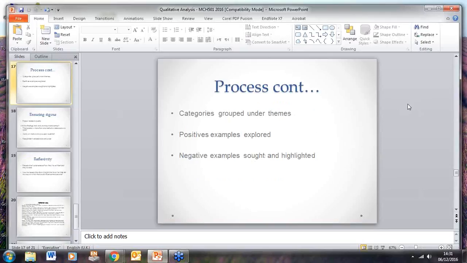So once we've categorized all of those particular similarities, we can then group them into themes. And then as we build those themes, we're looking for examples that either explore and advance that theme further, and equally some negative examples. So is there something that falls outside that theme or confirms or refutes something that we're feeling?